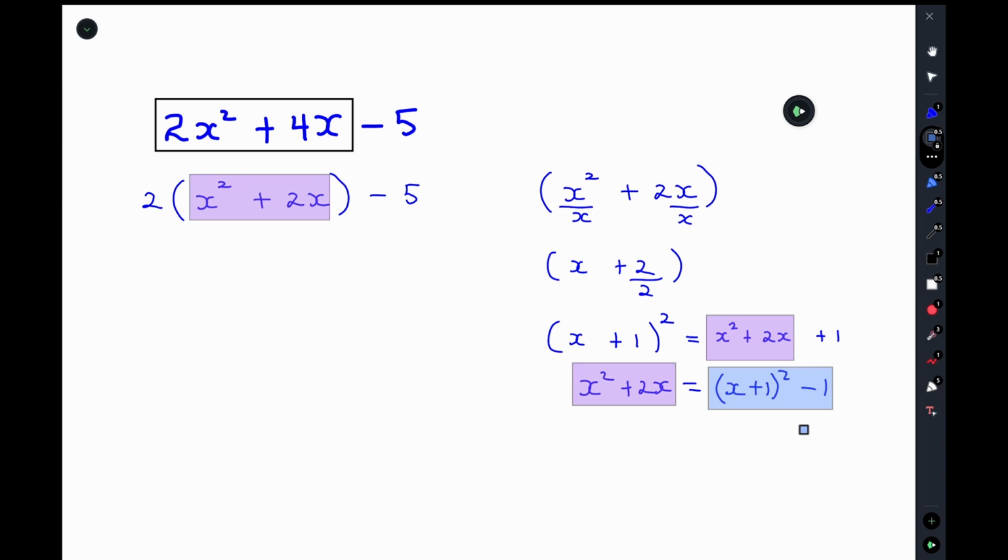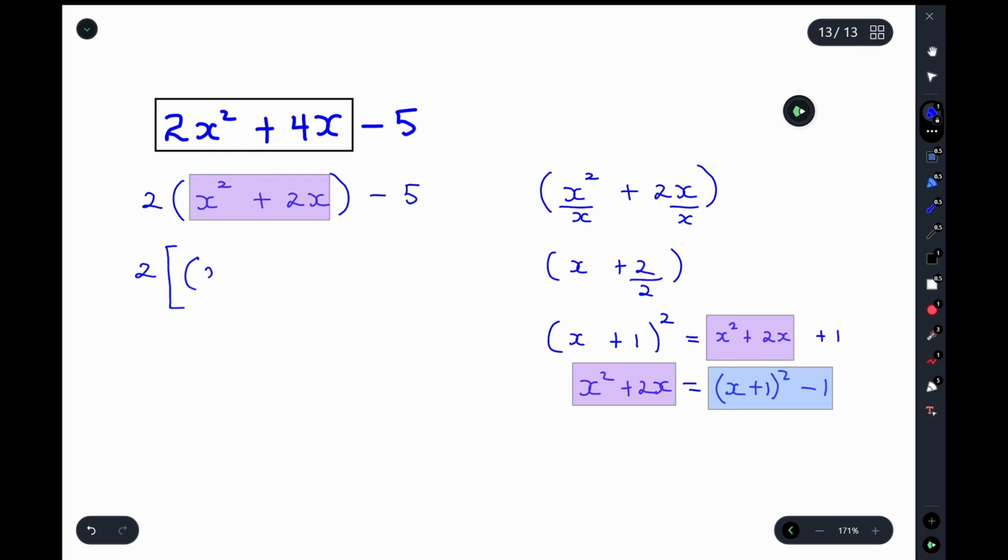Now moving back to the original equation, in the original equation, I'm going to replace x squared plus 2x with our new expression, which would be x plus 1 to be squared minus 1. Yeah? So I have replaced purple with blue.